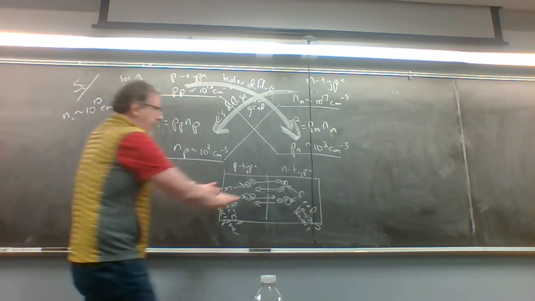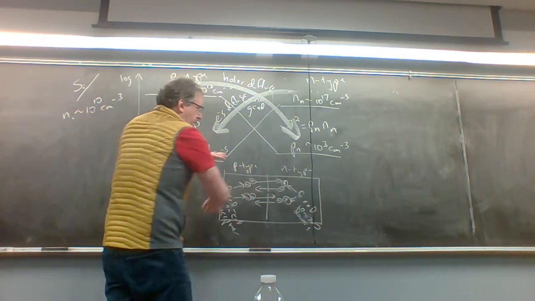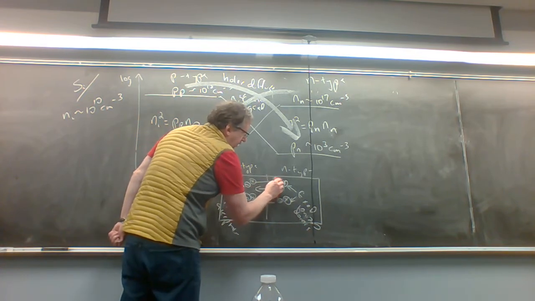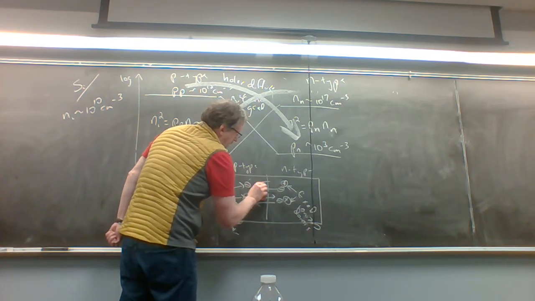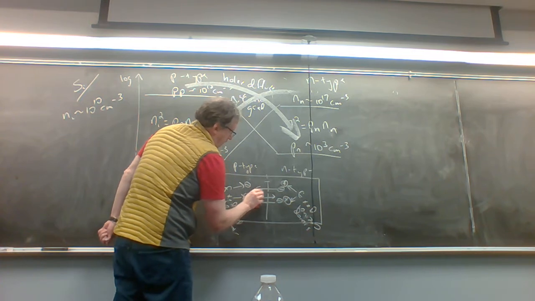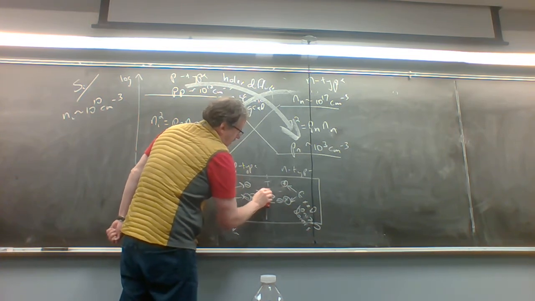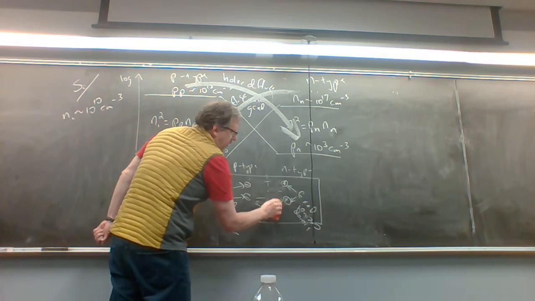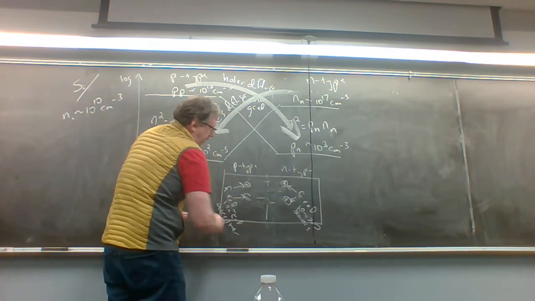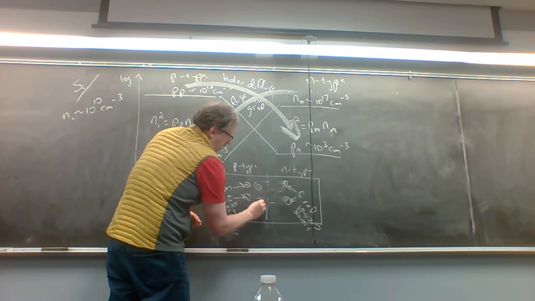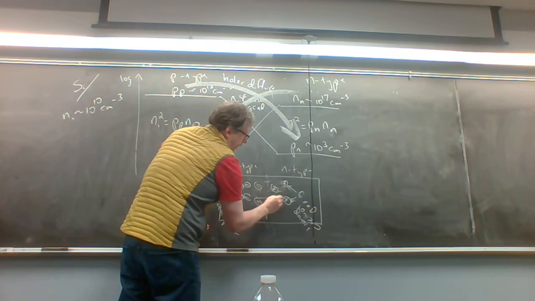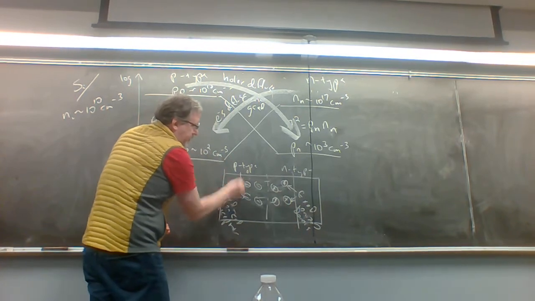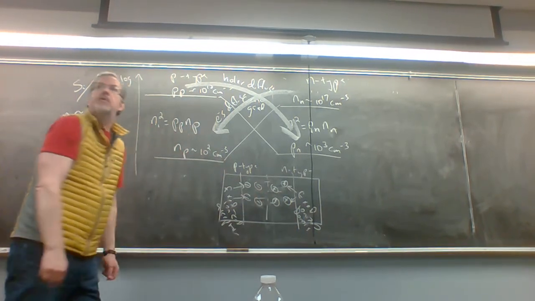So the electrons come this way, the holes come this way. After a little while, they've done their thing. They're out of play because they've already been swept over to the other side. And I'm left with these ionized donors and these ionized acceptors, right?